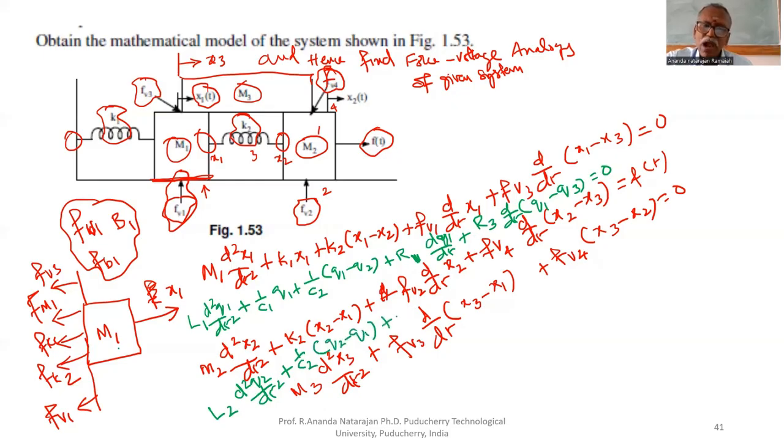FV2 is R2 dq2 by dt, plus FV4. FV4 is what? R4 d upon dt of q2 minus q3 equal to v of t, the applied voltage.